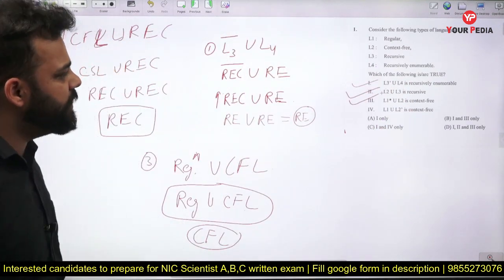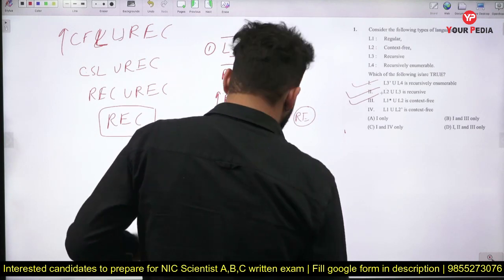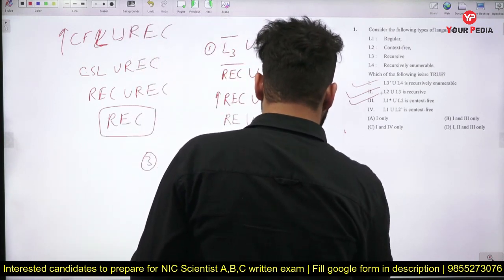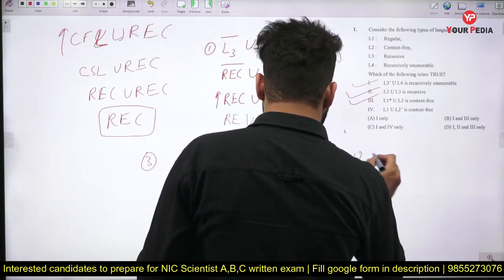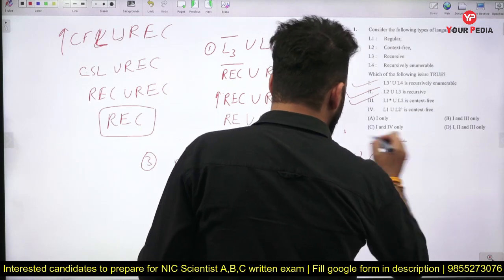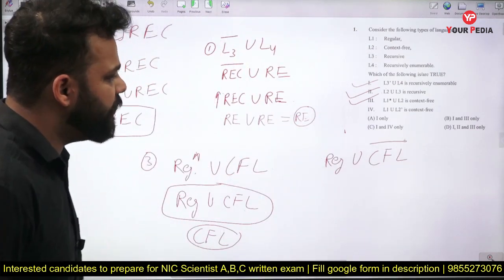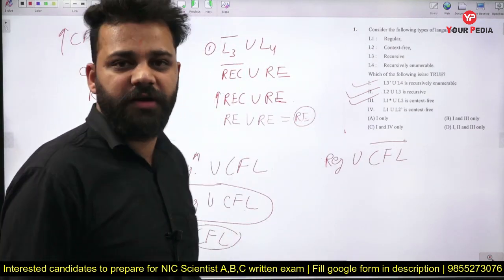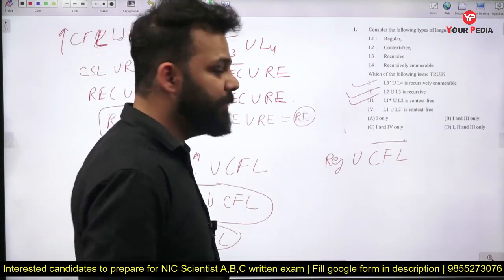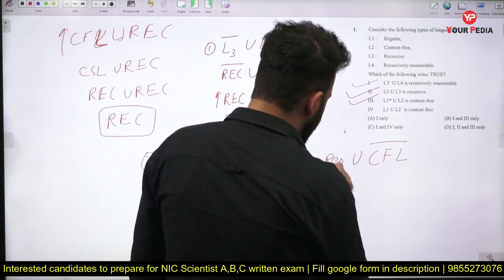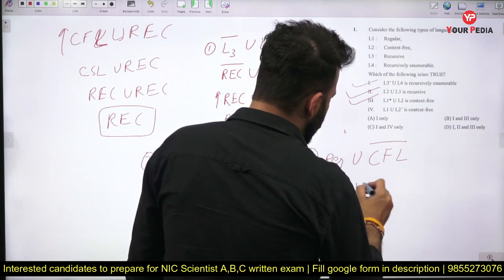Next is L1 union L2 bar. Now L1 union L2 bar is regular union CFL bar. Now CFL is not closed under complement, so you have to up the level here. So regular union CSL bar.